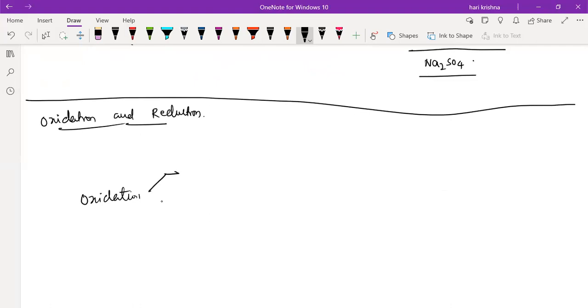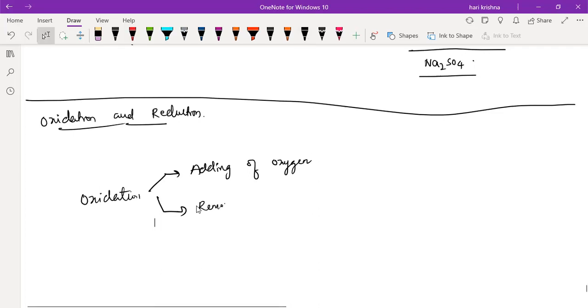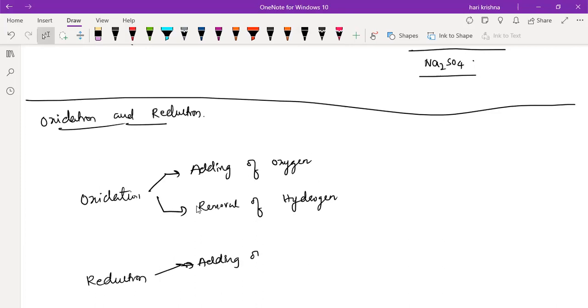Oxidation means adding of oxygen, or removal of hydrogen. Next, reduction means adding of hydrogen or removal of oxygen. Fine. Clear?